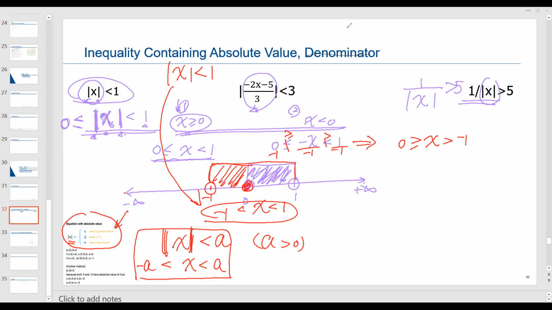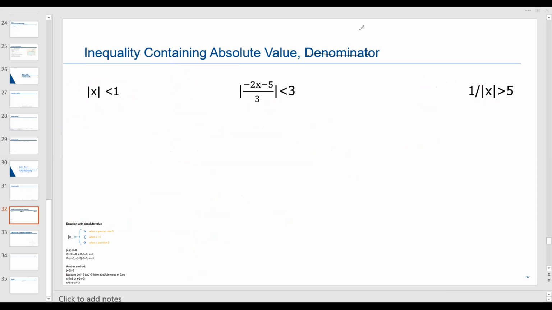Okay, so let's see some examples. Let's see this example first: |x| minus 3 equals 0. We did this kind of equation before, in the class week before last.